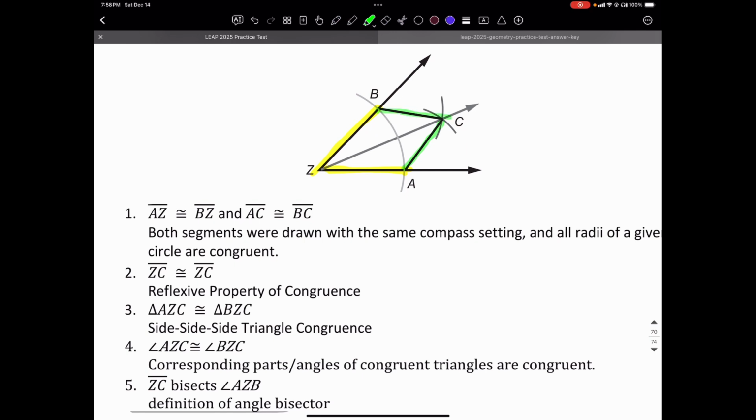And it says both segments were drawn with the same compass setting and all radii of a given circle are congruent.